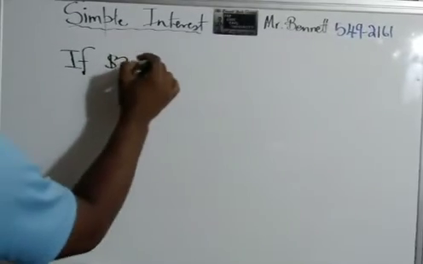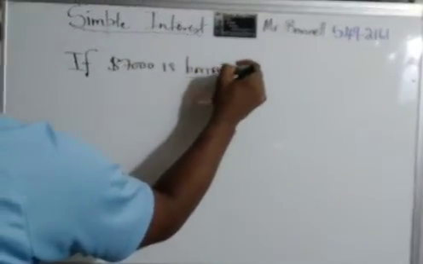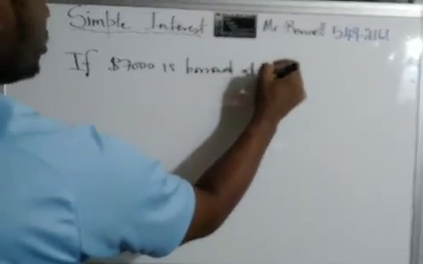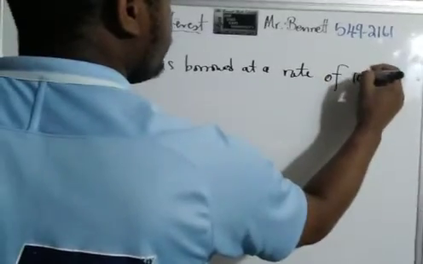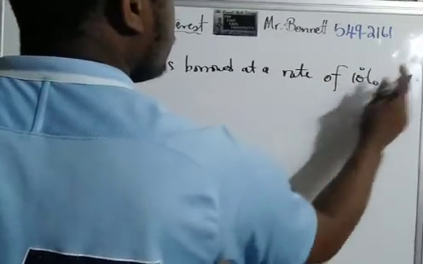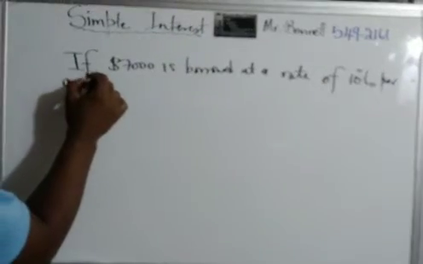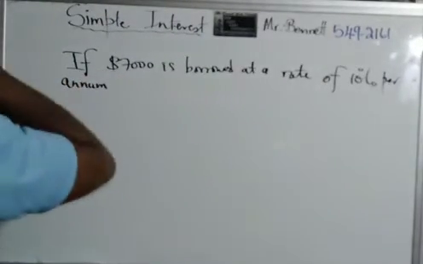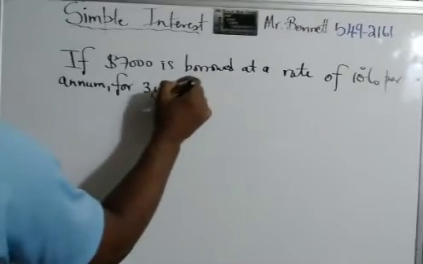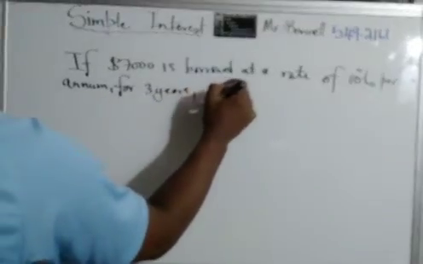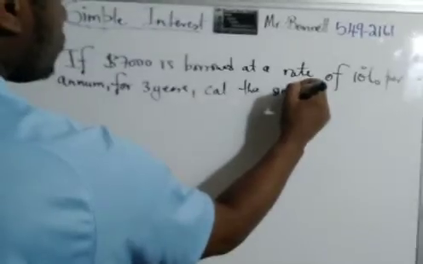If $7,000 is borrowed at a rate of 10% for 3 years, calculate the simple interest amount.